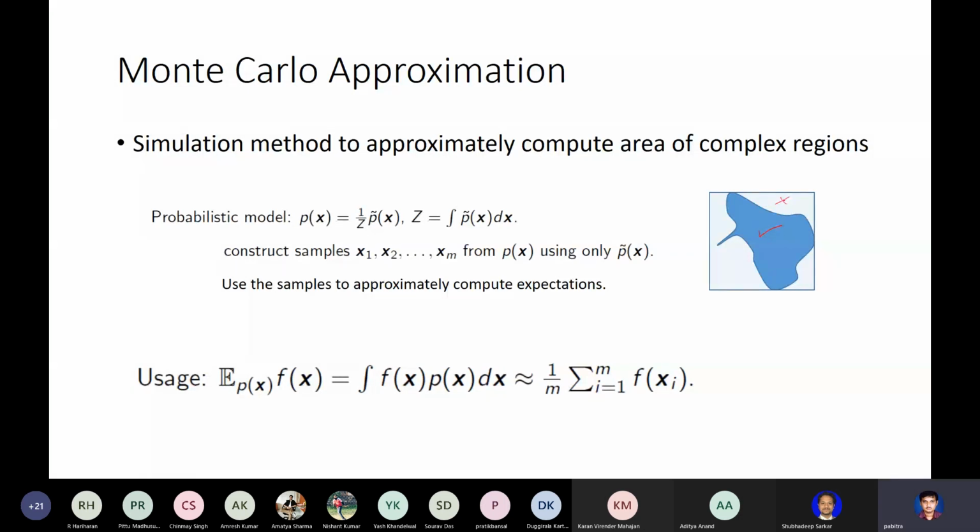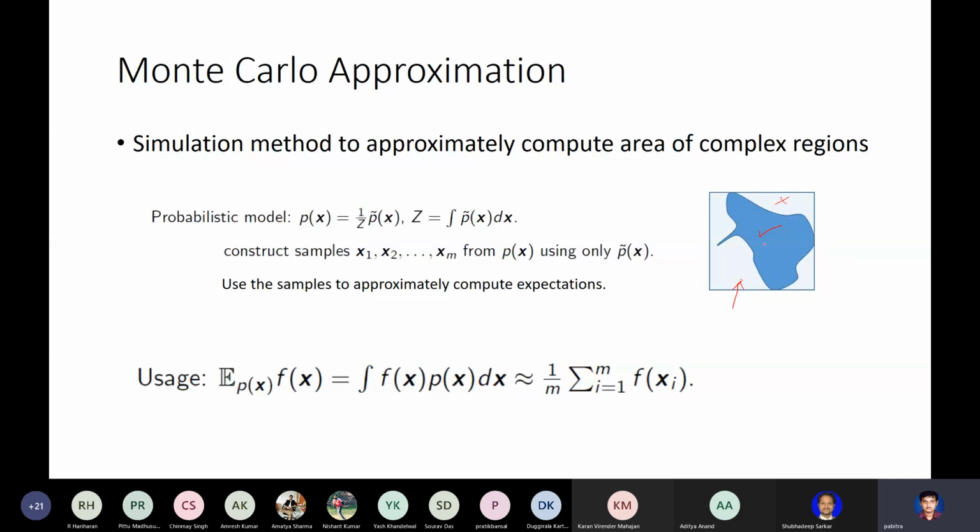And since the area of this square or rectangle or whatever is known, the area under this complex shape can be found out as the ratio of the number of accepted samples to the total samples.